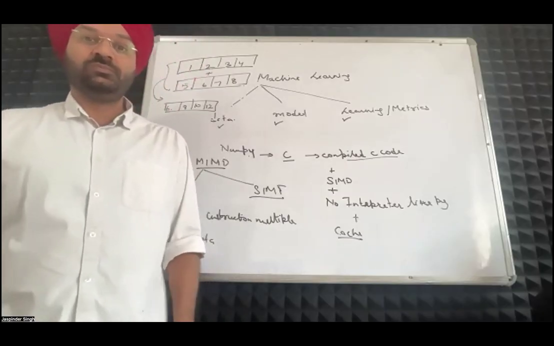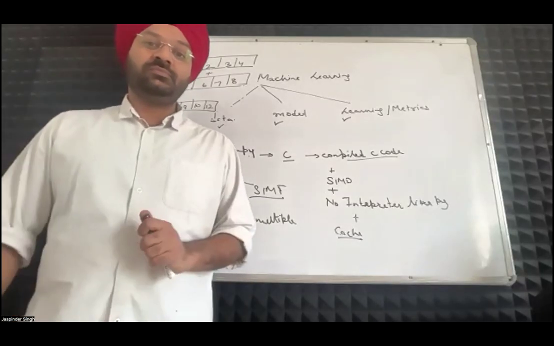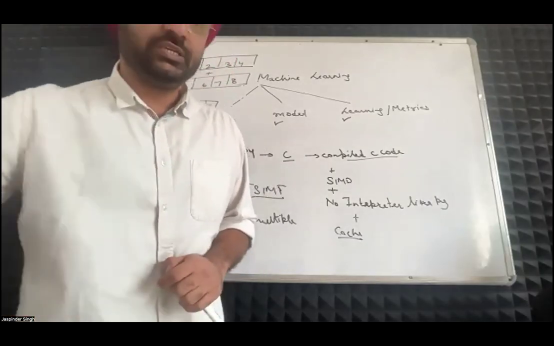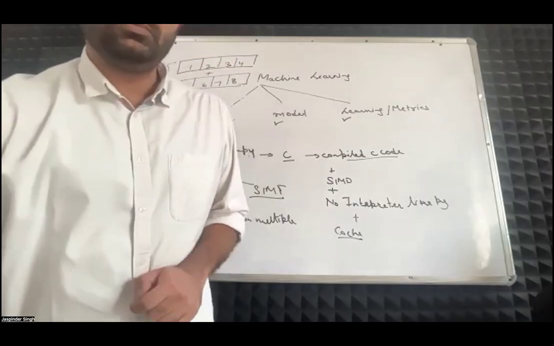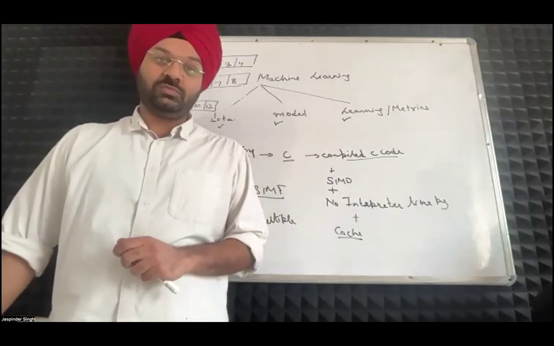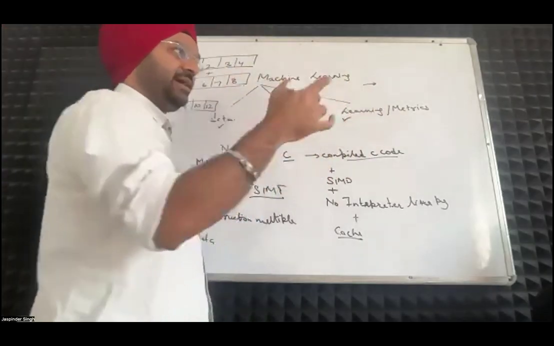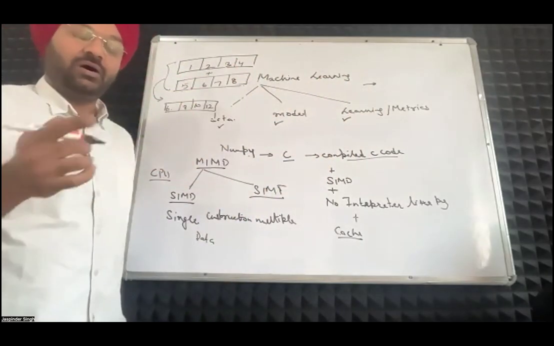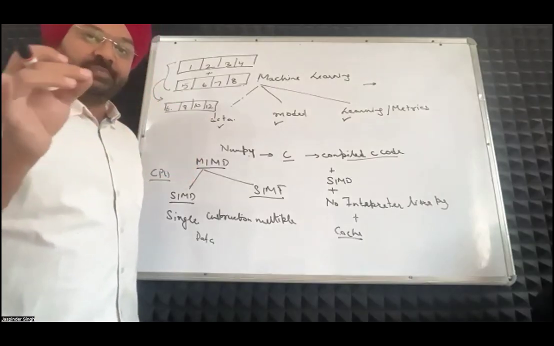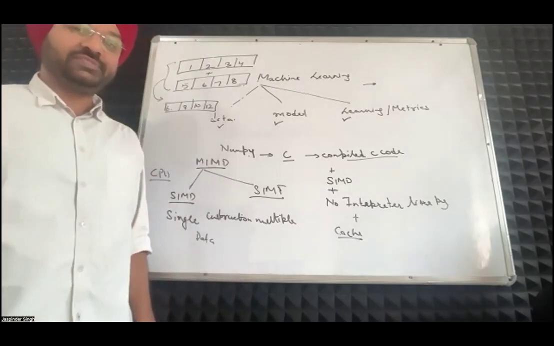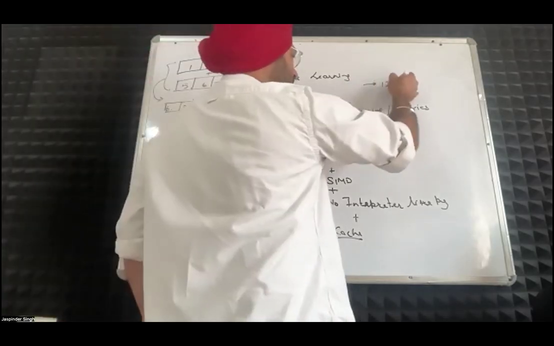The CPU decides. For example, Lohit, which system are you using? Which machine are you using right now? Mac. Mac Pro. Yeah. What is the SIMD capability of your CPU, not RAM? You might not have seen it, but it is 128 bit.